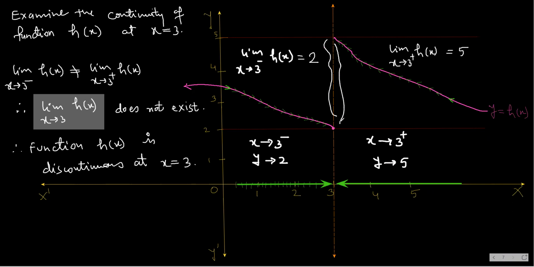No matter what you do, you cannot fill this jump. It is impossible to fill this jump. Because at x equals 3, you are going to just have a point. That point can be anywhere. When x is 3, suppose the function value is 3, so you will get a point here, but still it may not be sufficient to make the function continuous.